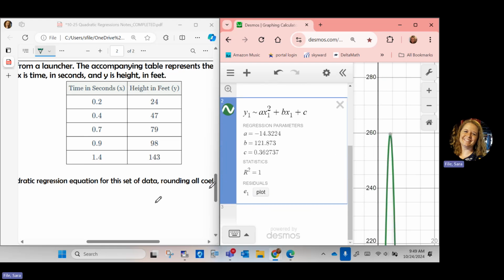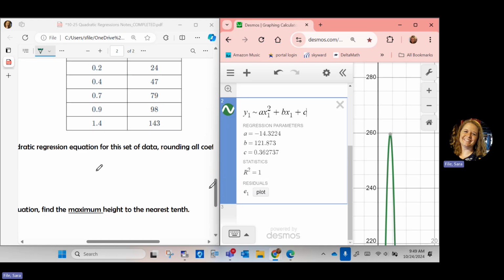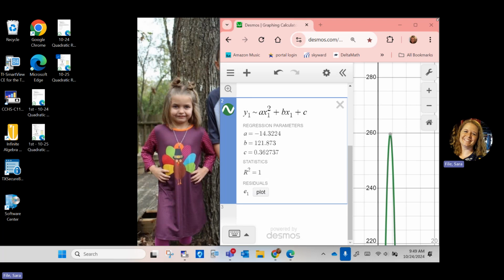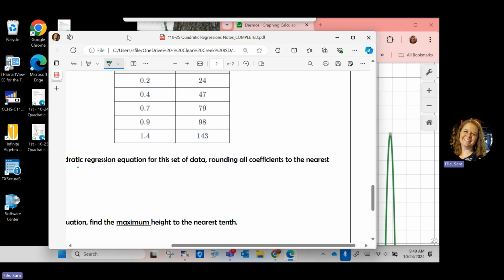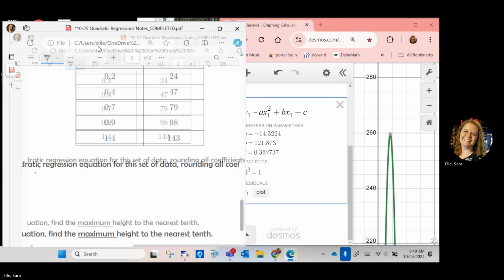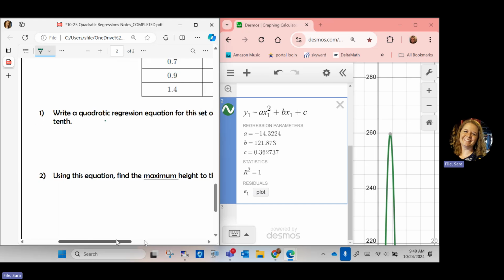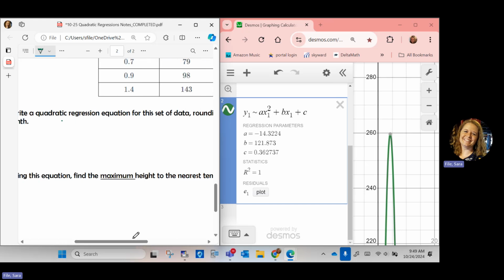So I get that data and I come over here and I'm going to answer these questions. My regression model says to round all coefficients in the equation to the 10th place.